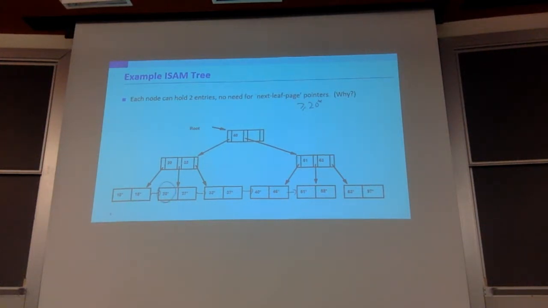And then you scan through all the leaf pages after the first page you found. But still you do not need to actually maintain these right pointers for these leaf pages. Why is that? Any ideas why we do not need to maintain any of these next leaf page pointers?